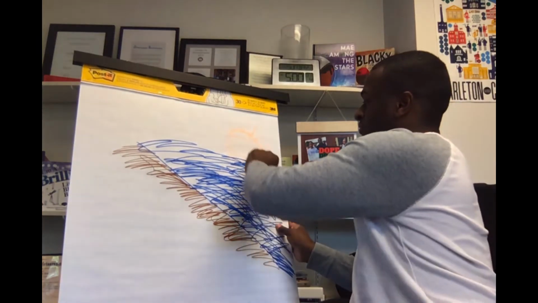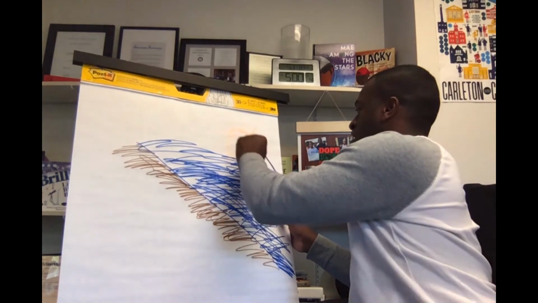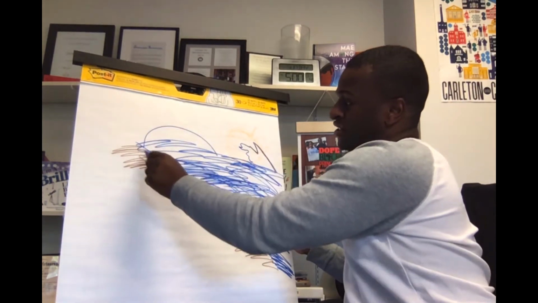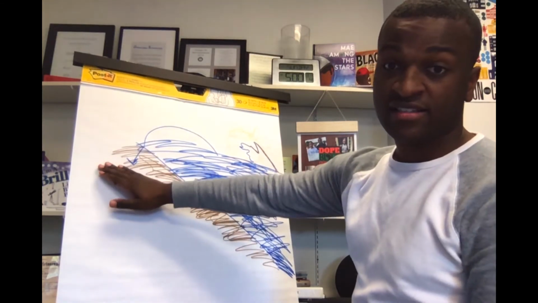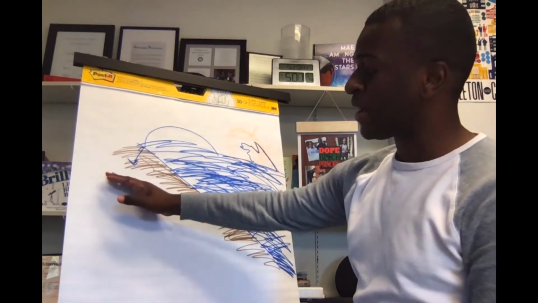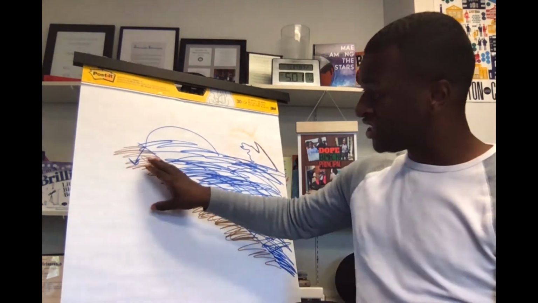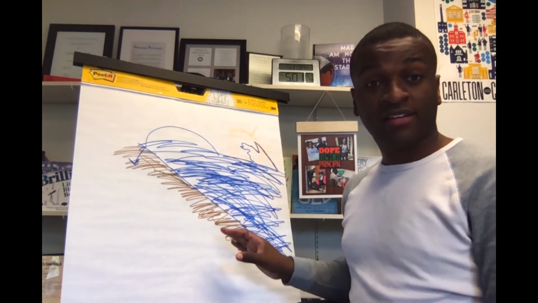So if a wave is coming in and it crashes into the sand, it either stays on the land and gets pushed back, or it gets pulled into the water. So the water is changing the sand here, which changes the land.